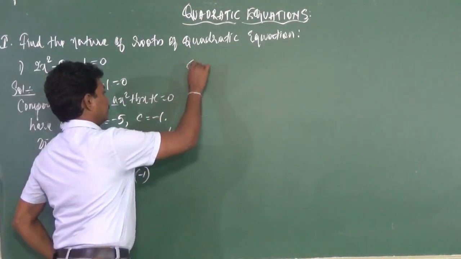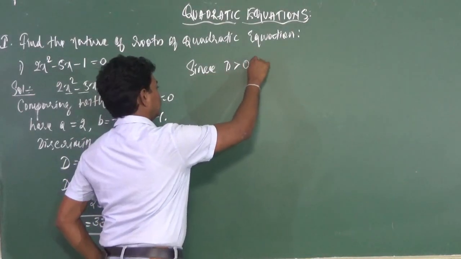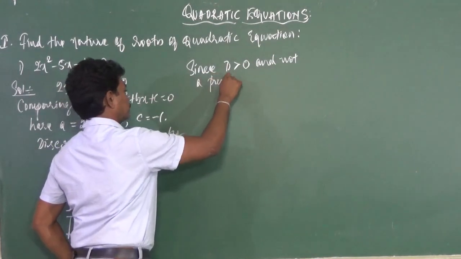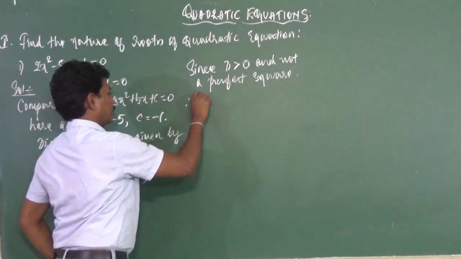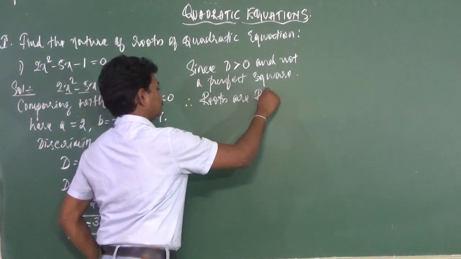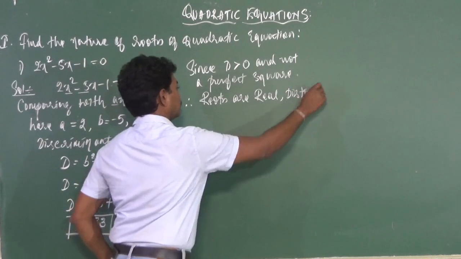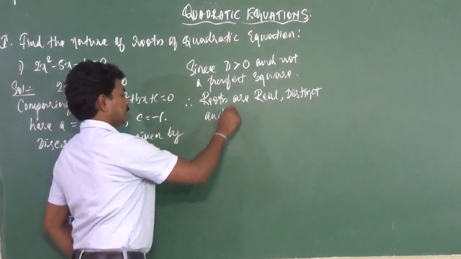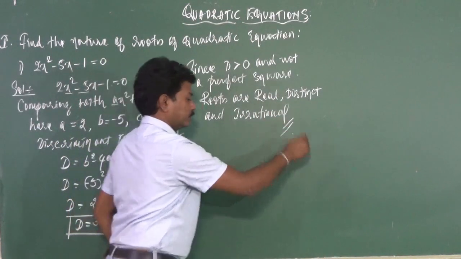So since D is greater than 0 and not a perfect square, the roots are real, distinct and irrational. So this is how you have to calculate.